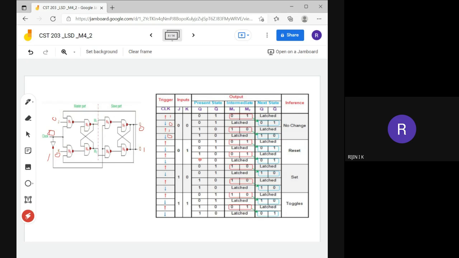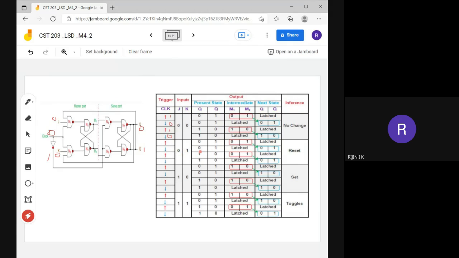You will understand. When you give 0 1, it is the same as our JK flip-flop operation, but when the clock is high, the first intermediate state gives the output, but the next state is latched. And when the clock is low, what will happen? The intermediate state output will be given to the next state, and our first part will be latched. Same situation.